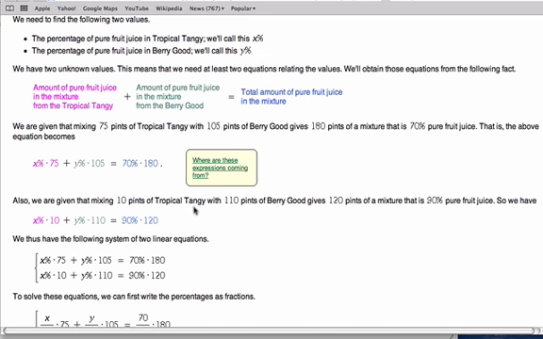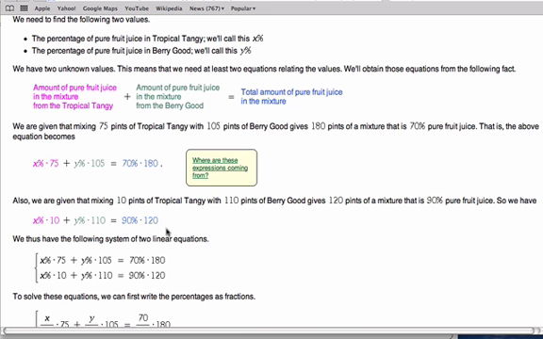We take our 10 pints of tropical tangy, we multiply it by the percent of pure fruit juice in tropical tangy, which is X. So you get X% times 10, plus you're going to add that to the number of pints of berry good that you have, which is 110, times Y%, which is the percent of pure fruit juice in berry good. You're going to set that equal to the total percentage of fruit juice times the total number of pints that you have in your final product.